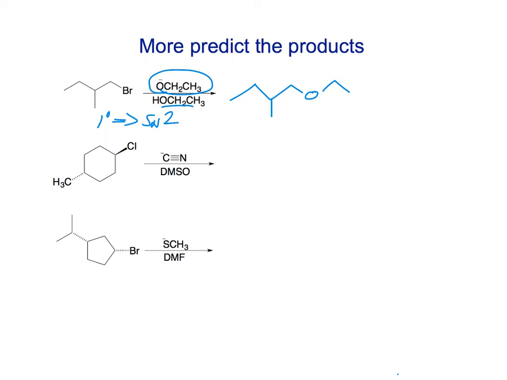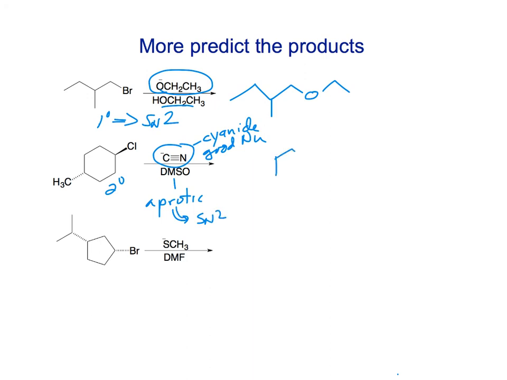The second one is a secondary alkyl halide. This is a charge. This is cyanide, and it's a good nucleophile, strong nucleophile. Notice we also have an aprotic solvent. Okay, so these support SN2.